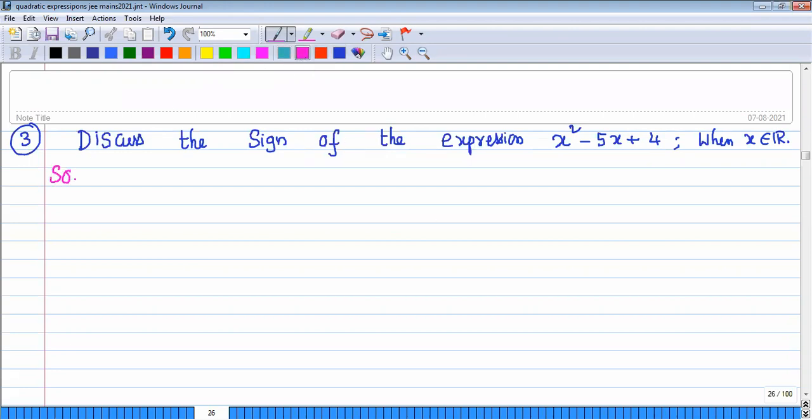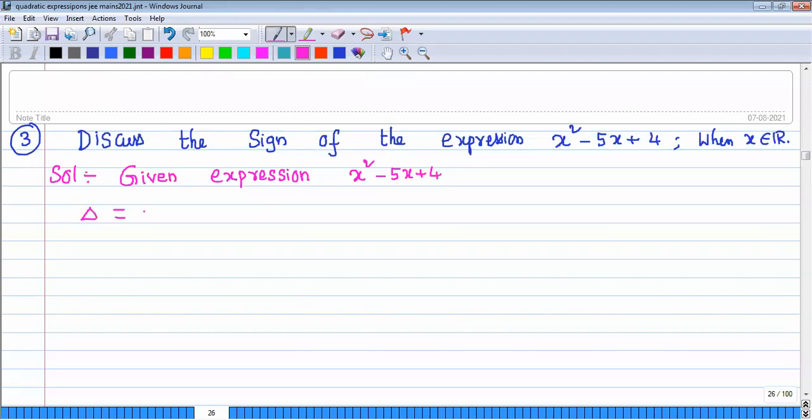Now the solution. First we need to decide the nature of the roots. Given expression x square minus 5x plus 4.